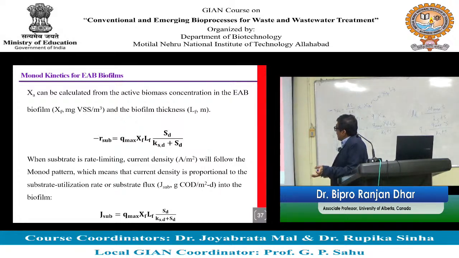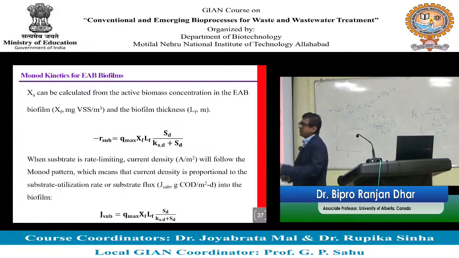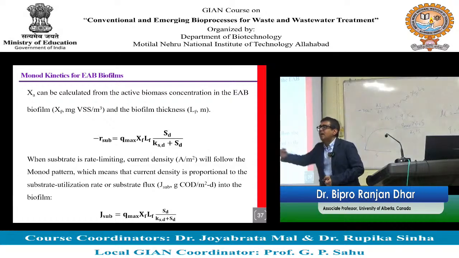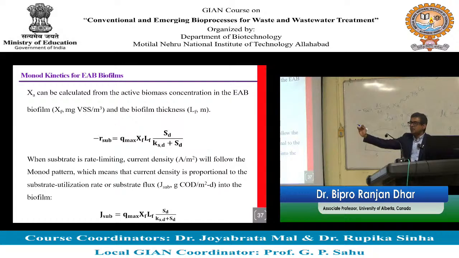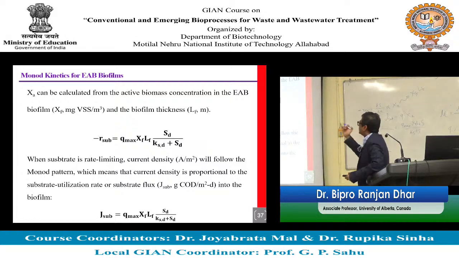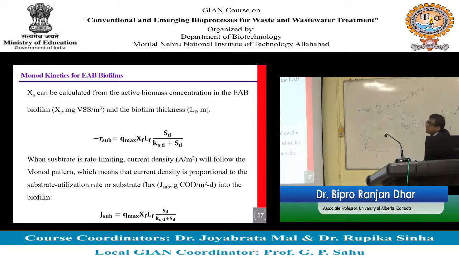So this term RSU I'm going to replace with J sub S, the flux of electron donor, the substrate flux within the biofilm for a certain area. The substrate flux within the biofilm is the same as the substrate utilization rate.